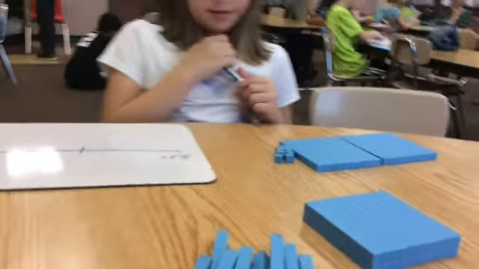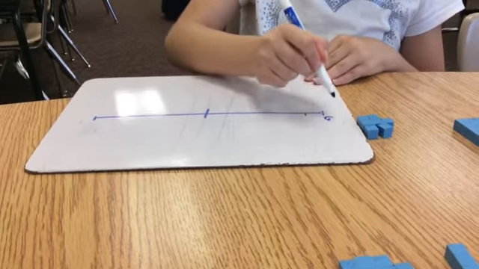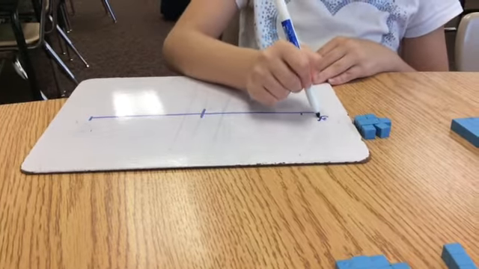Now, 258, where would that go on your number line? So what would your hundreds be? Would the hundreds change? Okay, so let's take a look.